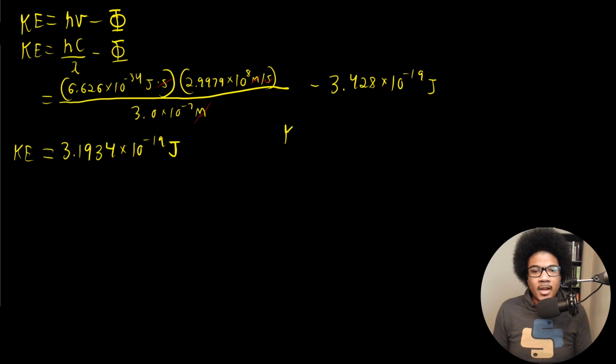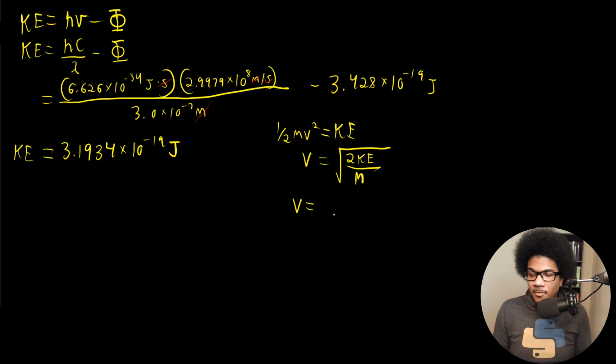We know that the kinetic energy is equal to one half m v squared. Doing some algebra, you get that the velocity is going to be equal to the square root of 2 times the kinetic energy over the mass. And this mass is going to be the mass of the electron.